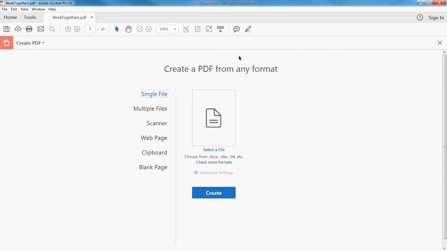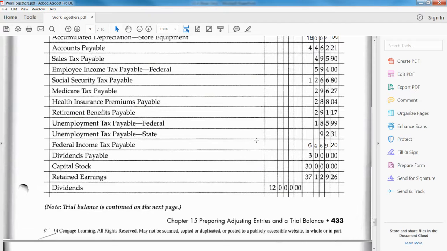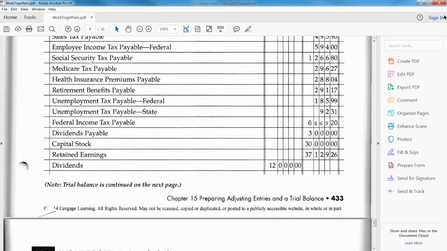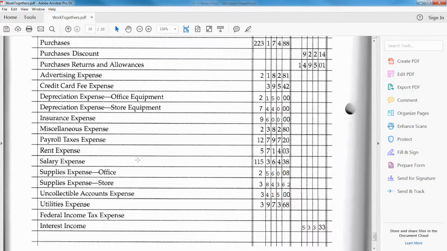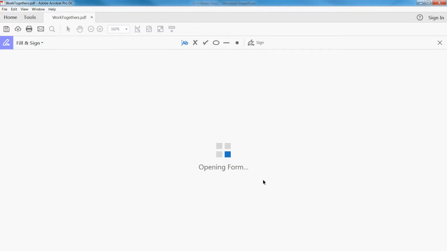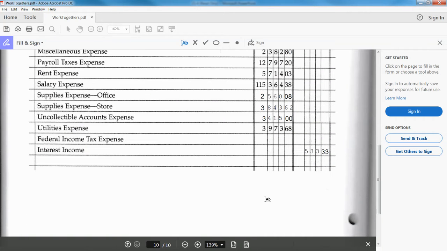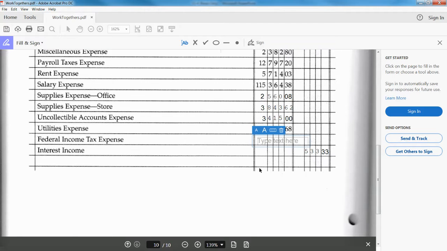Oh no, what did I just do? All right, and then I gotta go down here and find federal income tax expense. And I have to put in that total from the ledger.